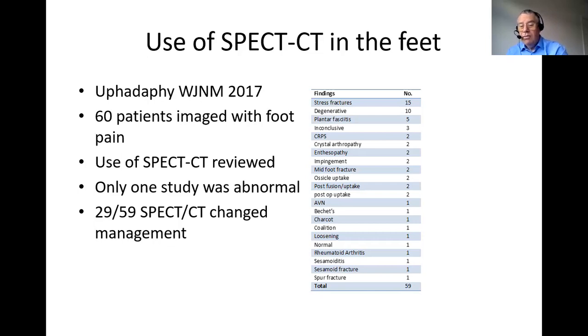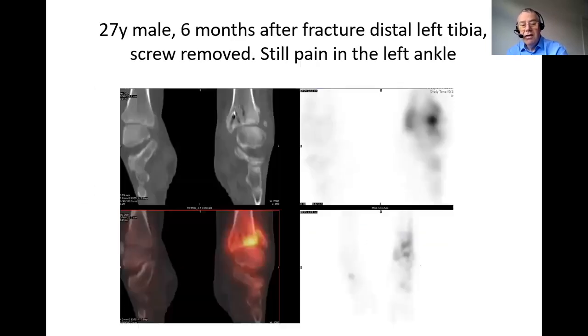And there's a whole range of pathologies that we found in patients who just presented with a painful foot, including missed fractures. This was one of our patients who had a known fracture, and they had it fixed on the medial side, and you can see the screw on the medial side here.